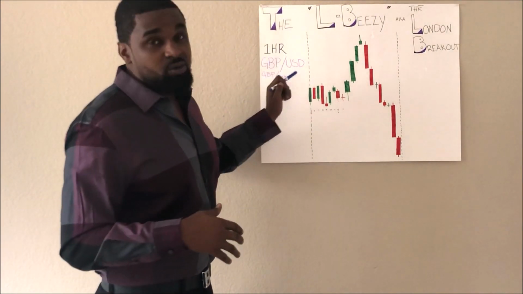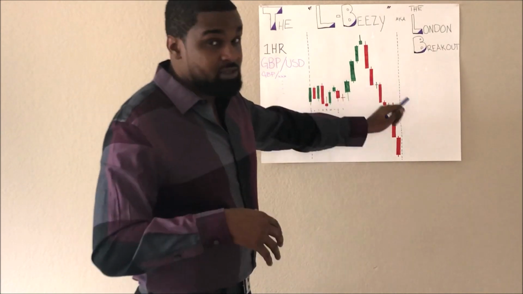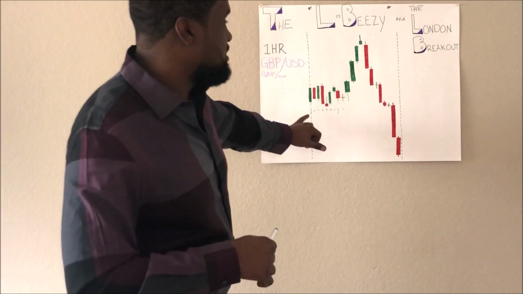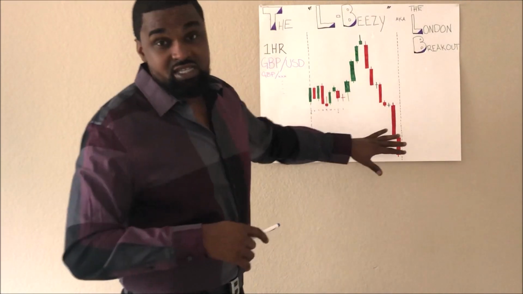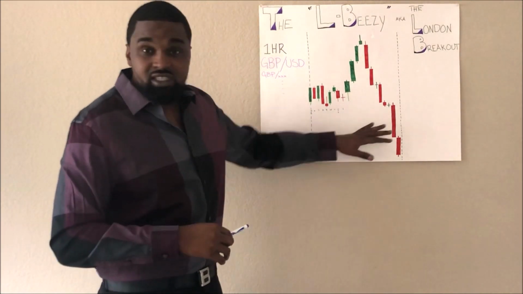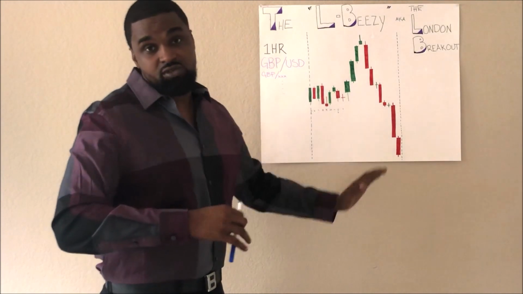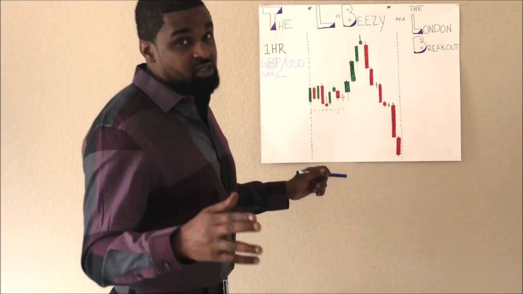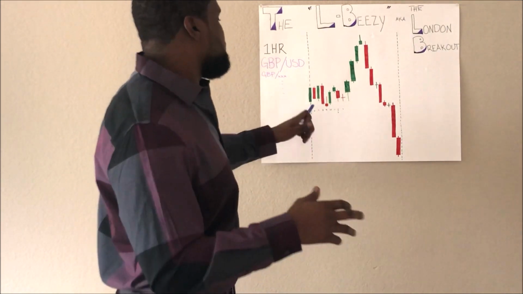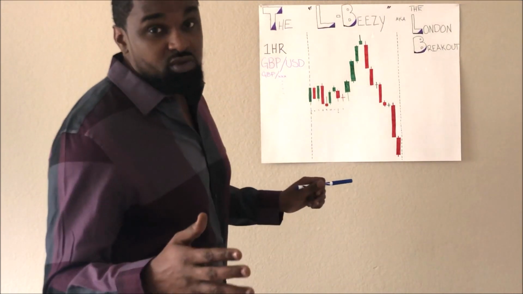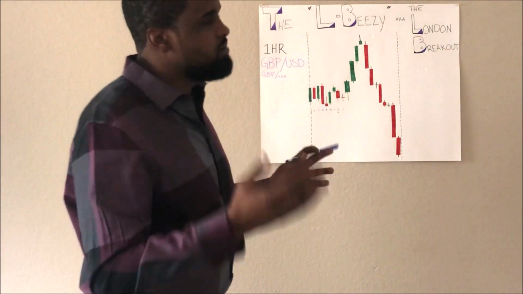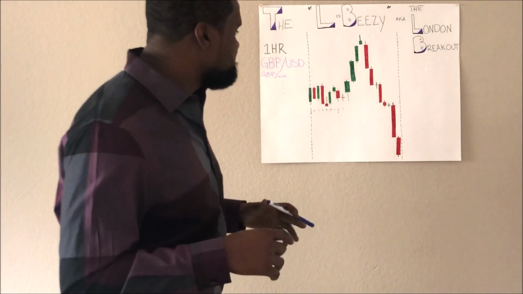So when you're on the hourly and you have your period separator set up, you're now seeing the market in a day's period of time. Each one of these columns has 24 candles in it, okay? So first things first, you need to have your period separator set up, because you're gonna have to count candles in order to complete this strategy. It's a very direct strategy, but it's very easy, okay?